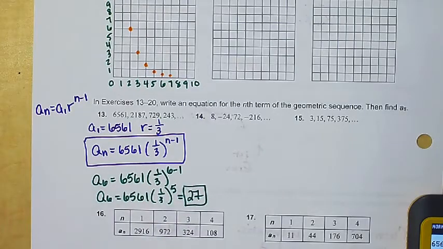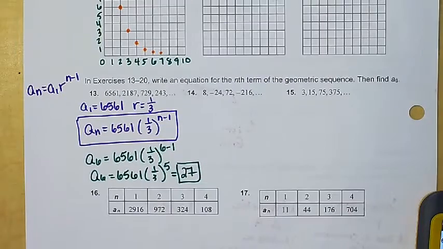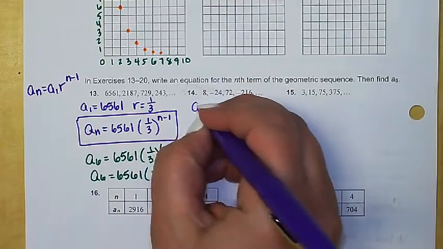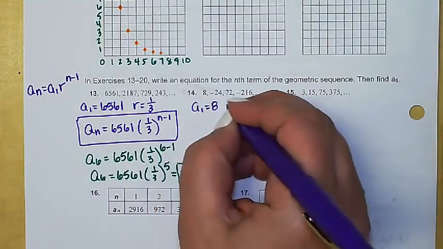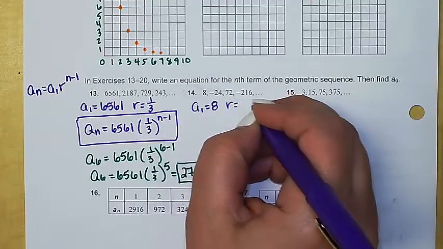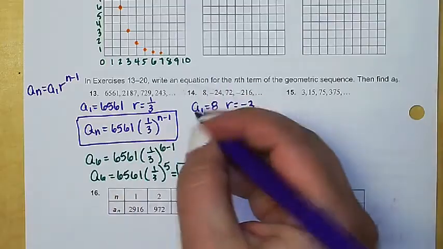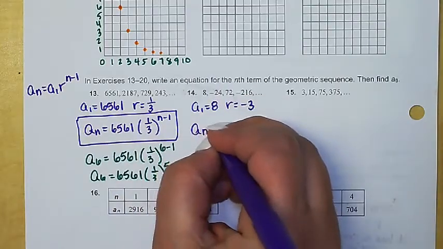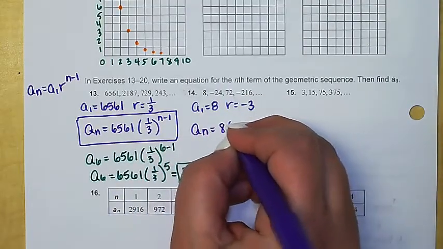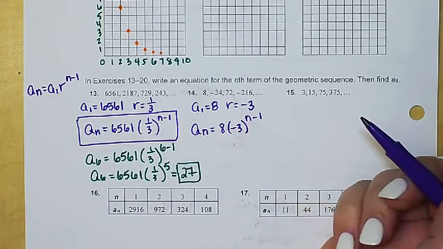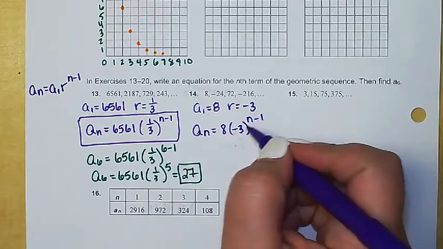All right, try this next one. Try number 14. See what you get there. Hopefully you determined that the first term in the sequence was 8, and the common ratio here was -3, if you divide each one of those. When you put that into the nth term equation, we start with 8. This is our common ratio. That becomes the base of our power here.